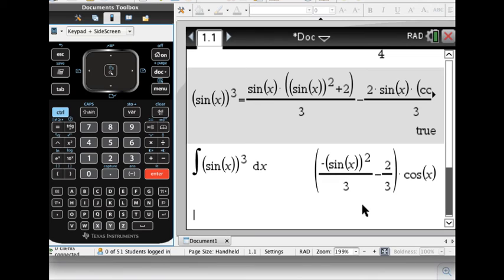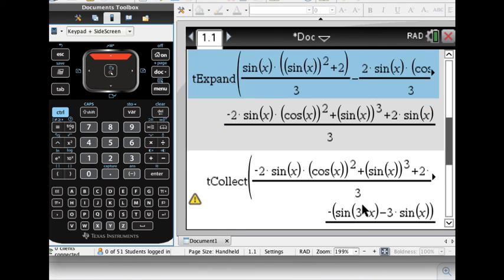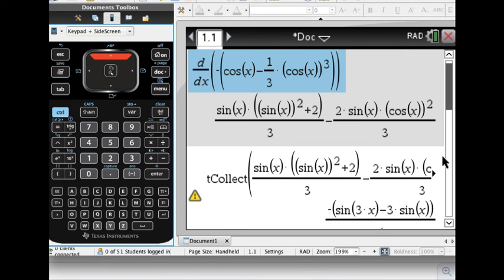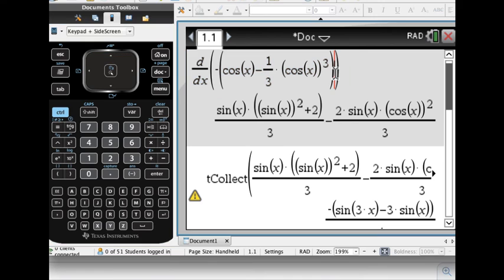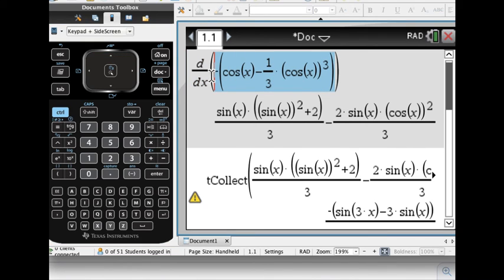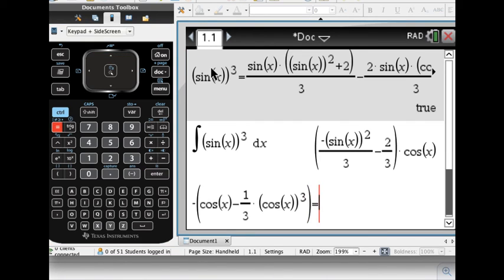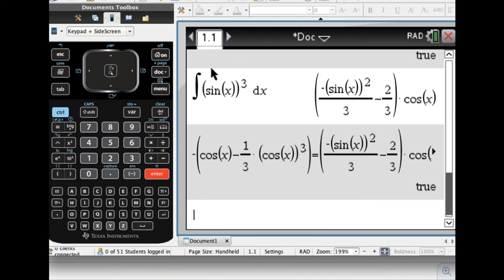Okay, it's giving this to me in this form, which is not the same as what we had entered before. If I go up here and grab this guy, highlight him and pull him down, say equals that guy, of course it will say true because they are the same thing. So it may look different, but they are exactly the same, algebraically equivalent expressions.